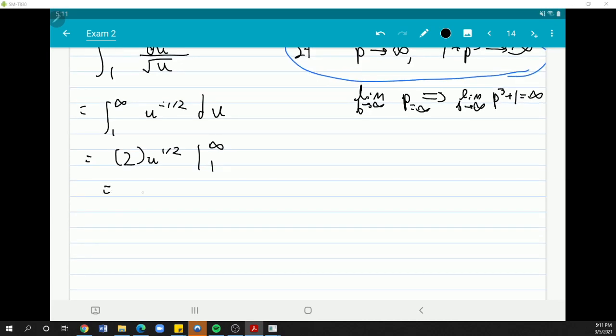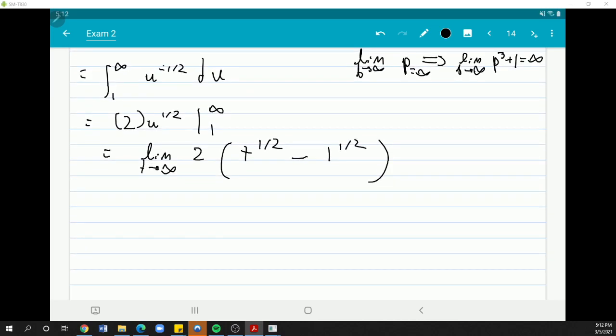But what does that mean? This is now the limit as t goes to infinity of 2 times t to the 1/2 minus 1 to the 1/2.